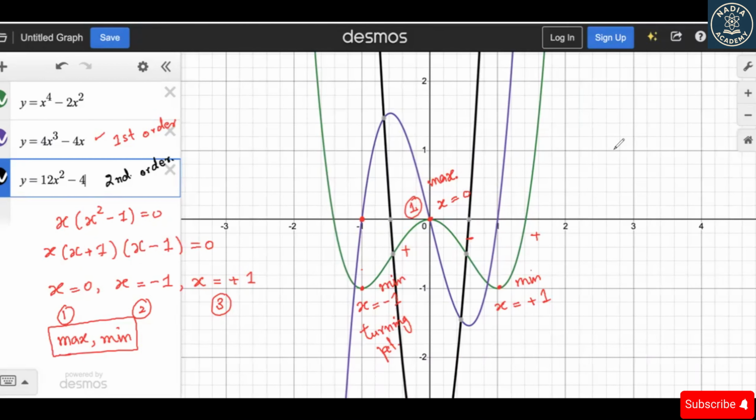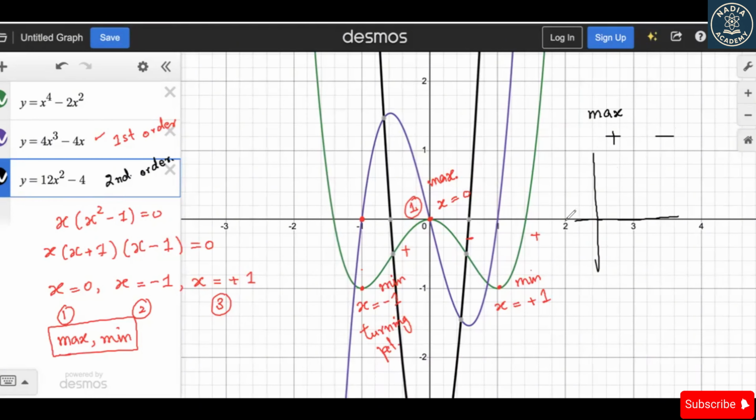We said that a point will be a maxima if the first order derivative, or you can say the gradient of the function, is changing its sign from positive to negative. Now, to understand it, we consider a straight line.